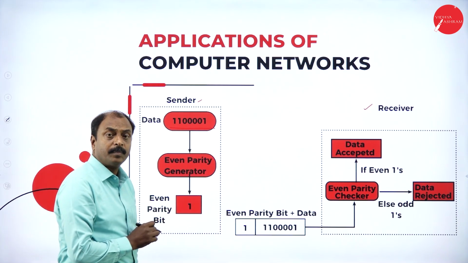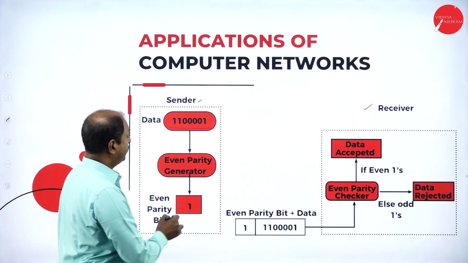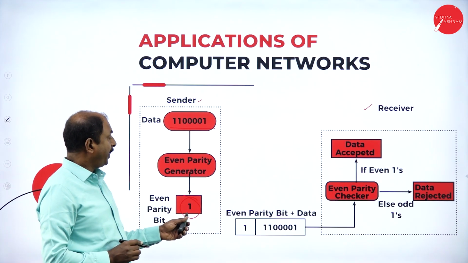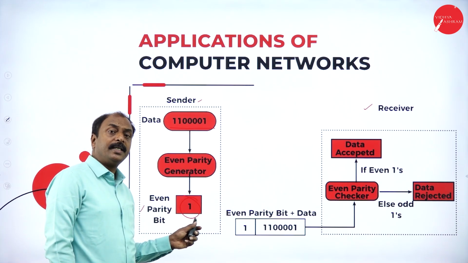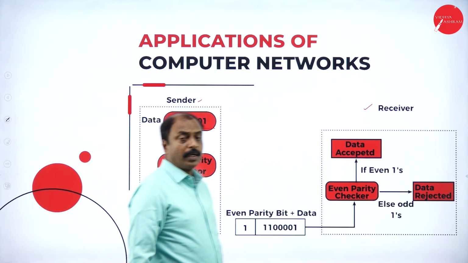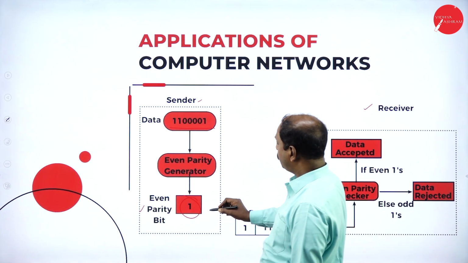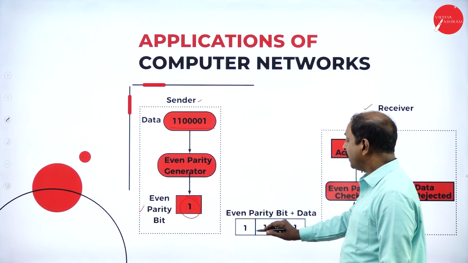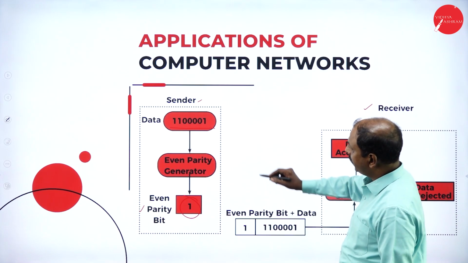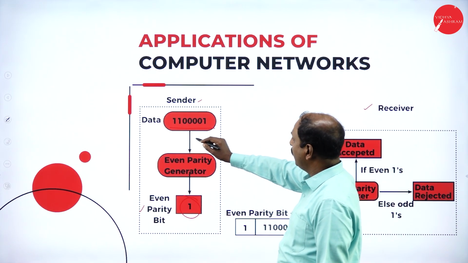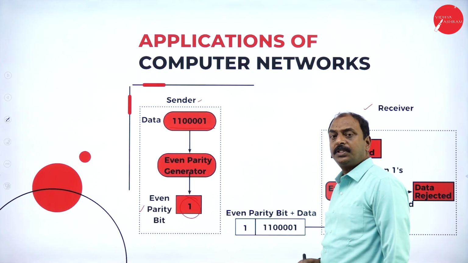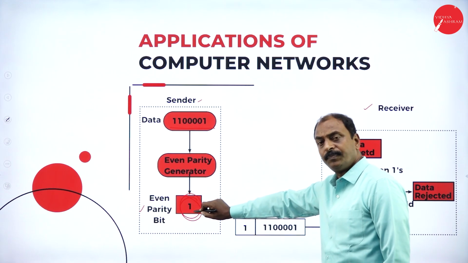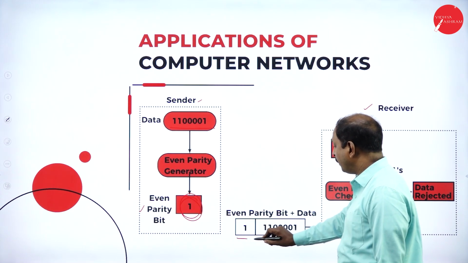So it is going to generate a parity bit of 1, so that the total number of ones is 4, an even number. At the sender end, it generates a parity bit of 1, and it will be appended at the MSB. If you look at the data, this is the LSB, least significant bit, and this is the MSB, most significant bit, and this parity bit in this example is a 1, added at the MSB.